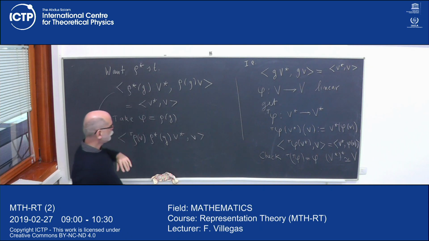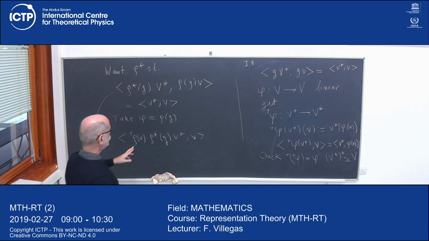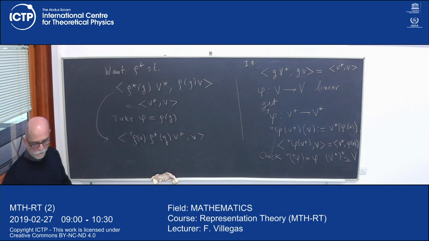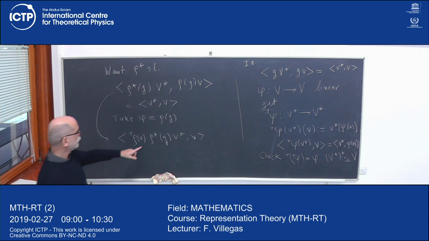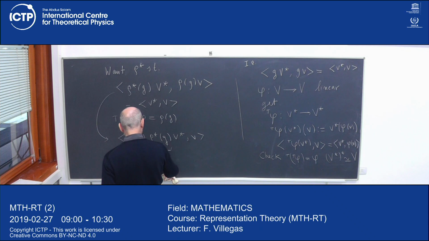So this has to hold for all v dual and all v. And so the only way that this can happen, this pairing is non-degenerate, if something pairs to 0 against everybody it was 0 to begin with. So the only way that this can happen is this thing here has to be equal to the identity on V dual.